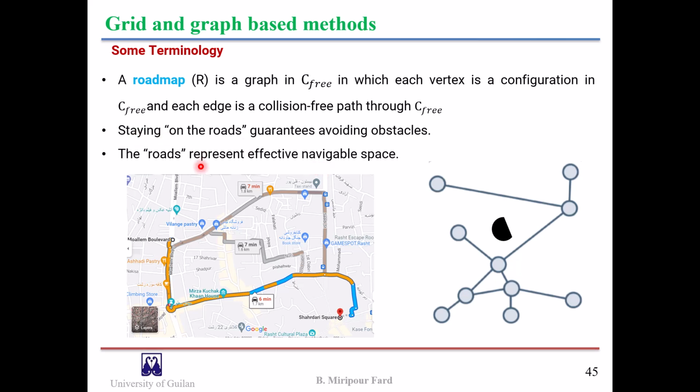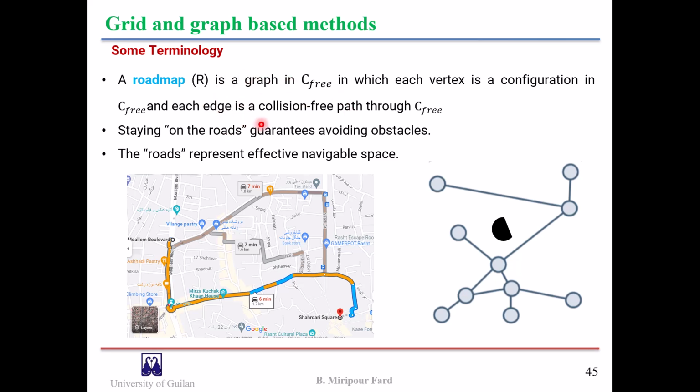Instead of defining the problem and computing the path specifically for the start and goal configurations, it's more flexible to define a general and compact roadmap, which can be used to plan the path between two arbitrary points. A roadmap, denoted by R, is a graph in C-free in which each vertex is a configuration in C-free and each edge is a collision-free path through C-free.